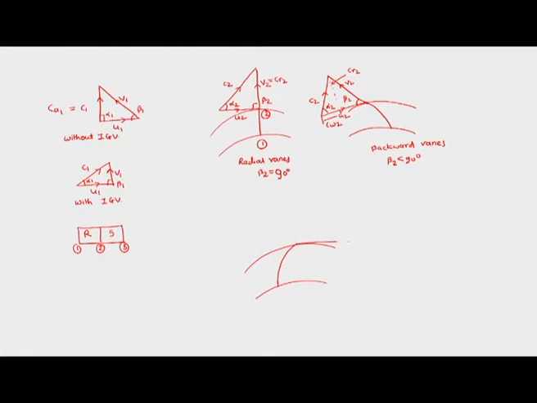We have this as U2, and we have this as V2, and so it turns out to be this as C2. Here we get beta 2 more than 90, so this is forward vanes, where beta 2 is greater than 90 degrees.